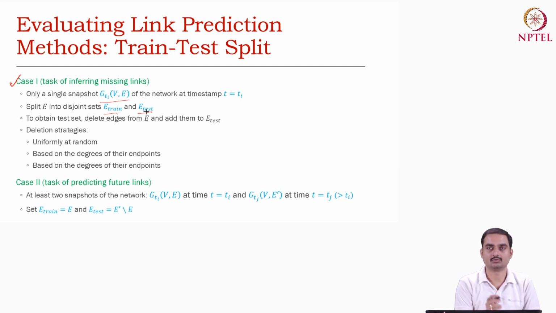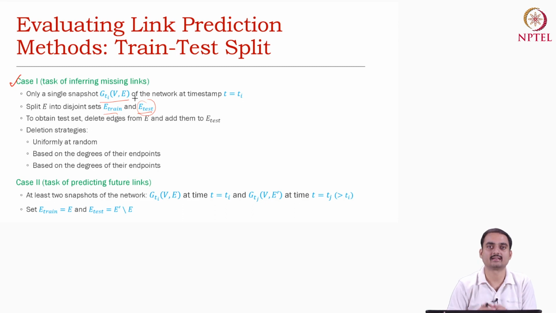So out of say 100 edges, we divide it into two parts. We assume that 80 edges are the training set and the remaining 20 edges form the test set. Essentially you need to remove these 20 edges from the static graph, and your task could be to predict these 20 edges, and these 20 edges are your E test.